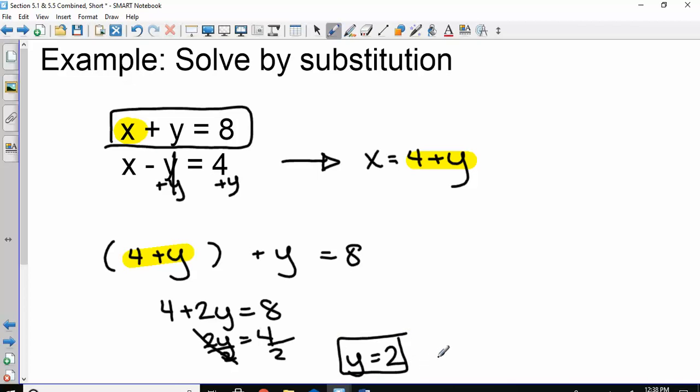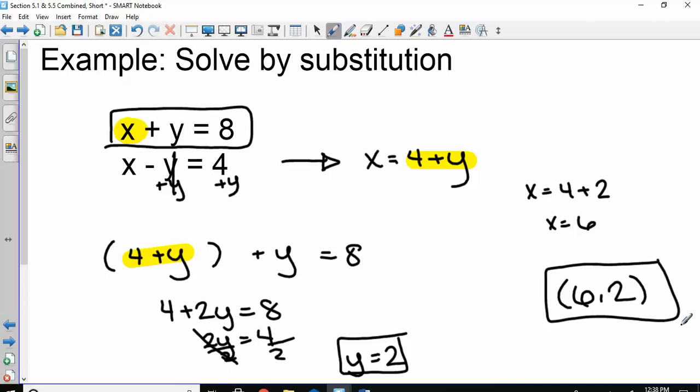Am I done? No. We need to solve for both variables, so I have y. If I plug that back in here, I can get x. So x is 4 plus y, but my y is 2. So x equals 6. I would like for you to write your final answer as an ordered pair, so x comma y.